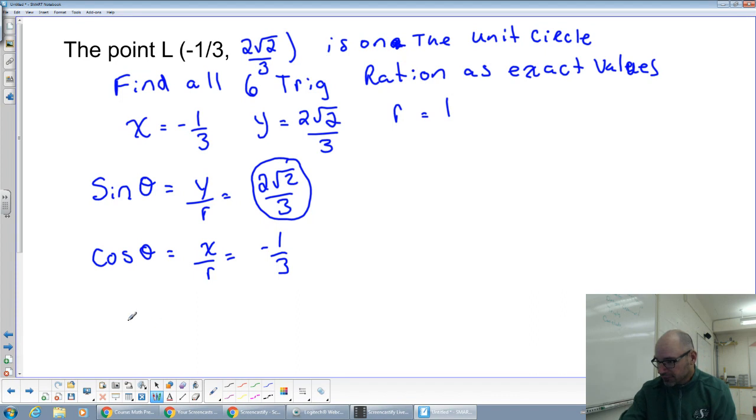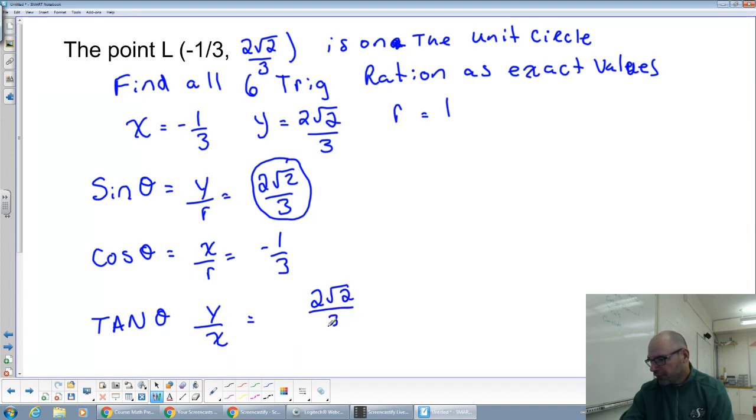Got to do tangent. Okay, this is where you have to do a little bit of calculating. This is y over x. So this one we have to write y, root 2 over 2 over 3, divided by negative 1/3. Okay, now you know the rules for multiplying fractions. So take the reciprocal of this divided one and multiply it.